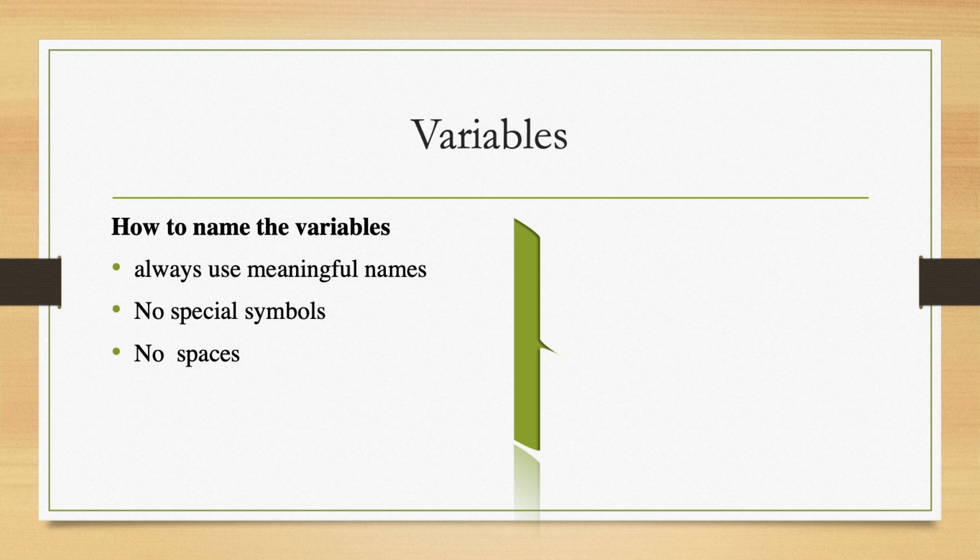It's a good idea to have a good understanding about how you name your variables. Most often I have seen students giving names which are just alphabets like A, B, C, D, etc. Your programs are going to be read by someone else in the future.